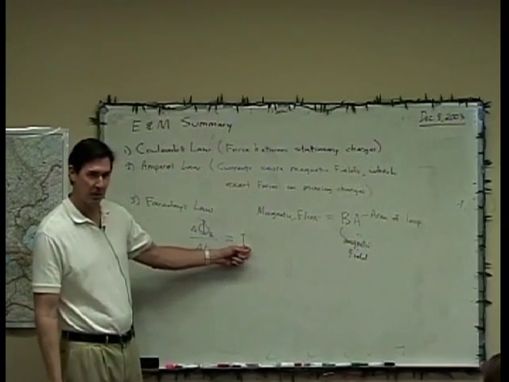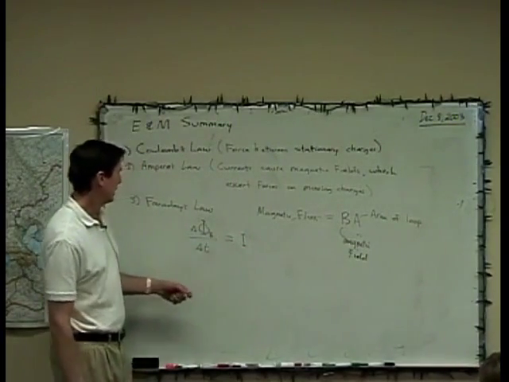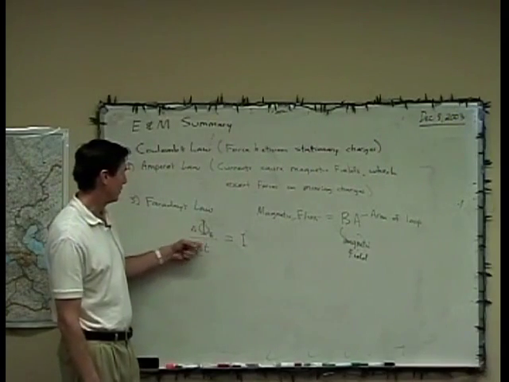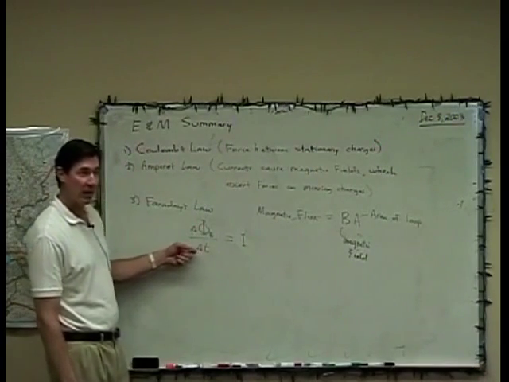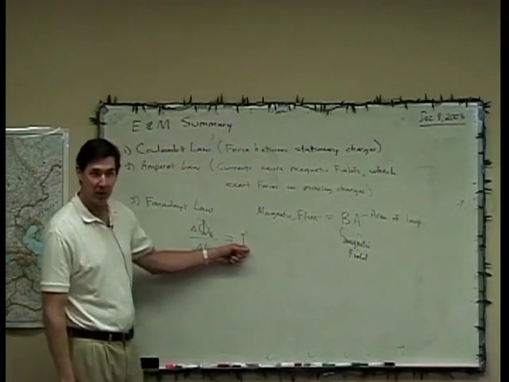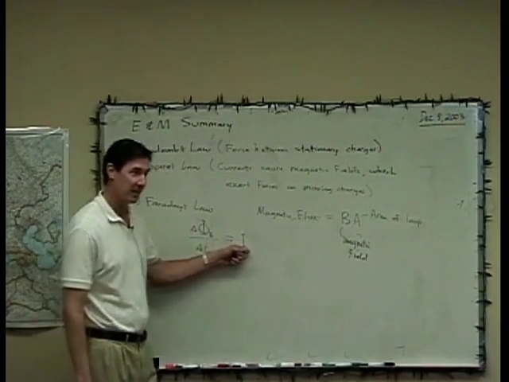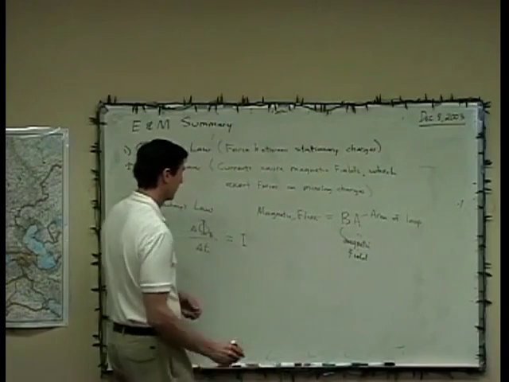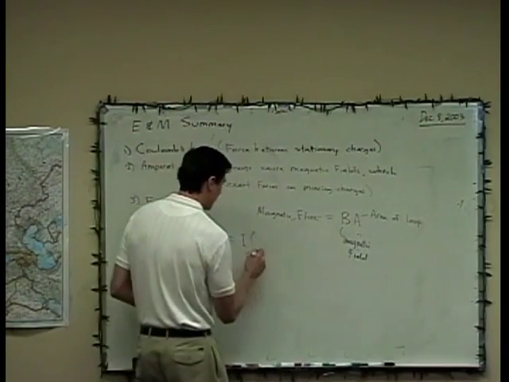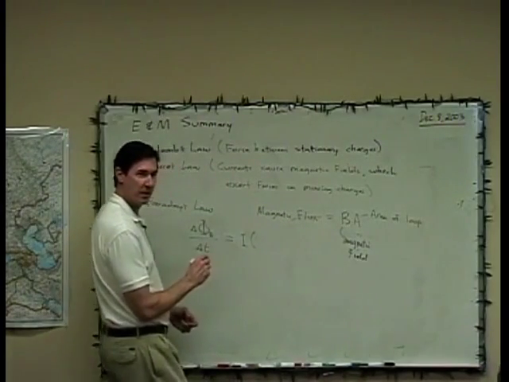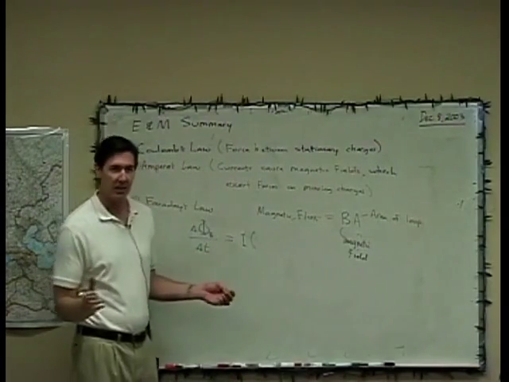That's what I told you about before. So if you double the rate of change of the flux, say, you're going to double the current that it causes. But the other thing it depends on is, well, let me see if I can get you to guess.